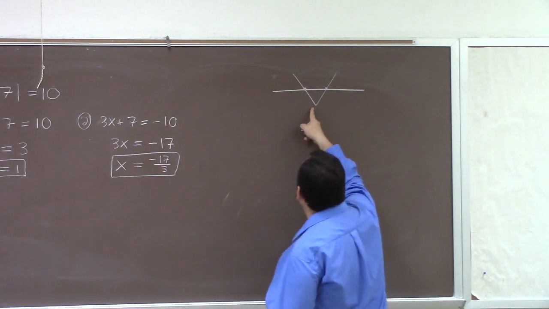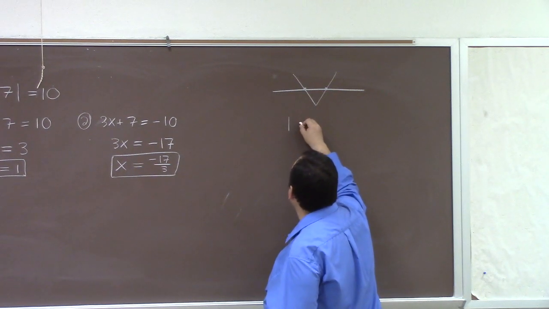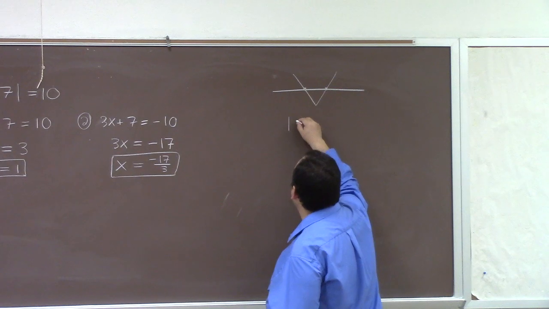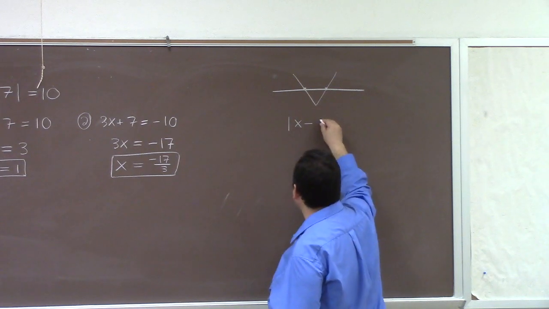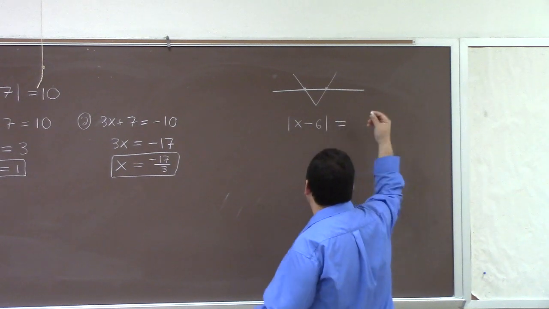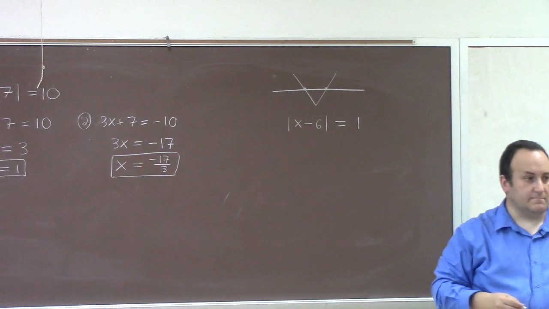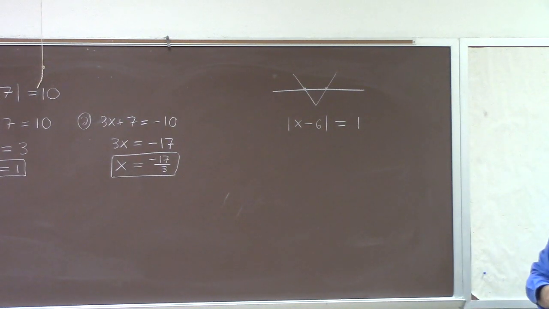To make them both positive, I could do something like the absolute value of x minus 6 equal to 1. I think that will give me two positive solutions. I'm pretty sure the solutions are 5 and 7.